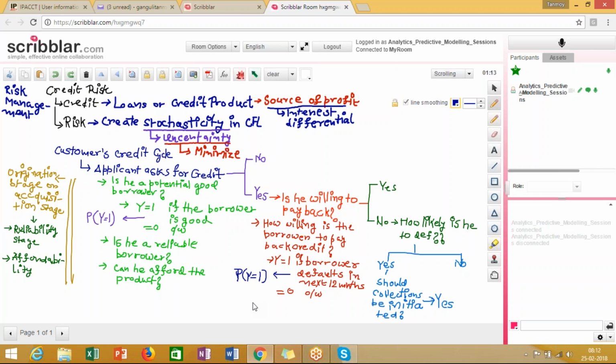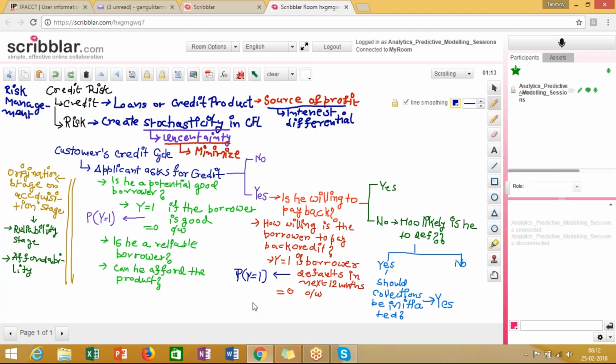So before I do my fund allocation, I need to know exactly what the probability of defaults will be within the next 12 months, right? Okay. So this is the dependent variable.